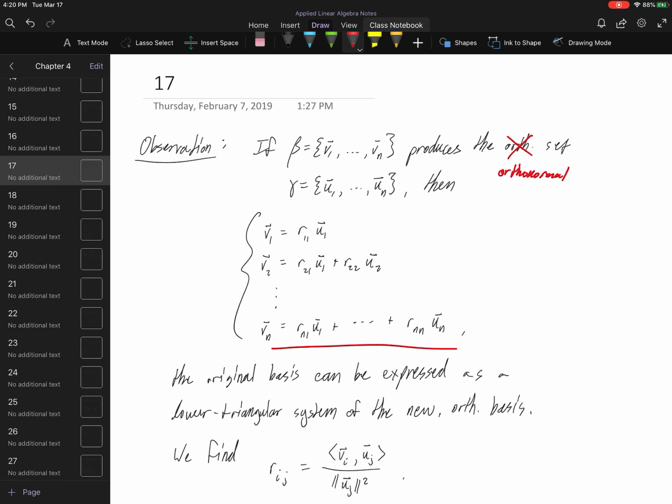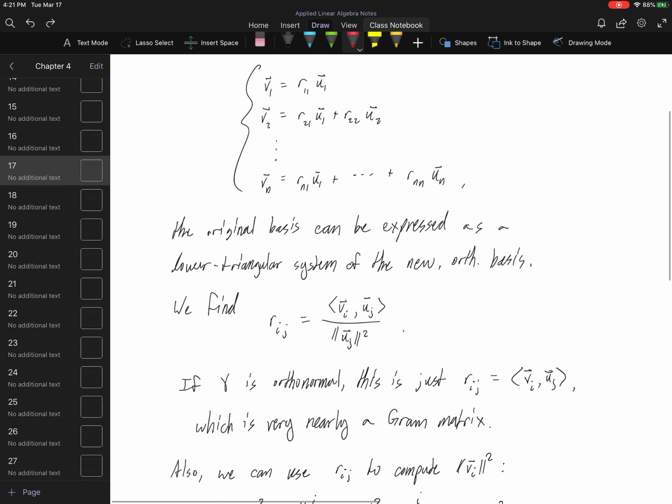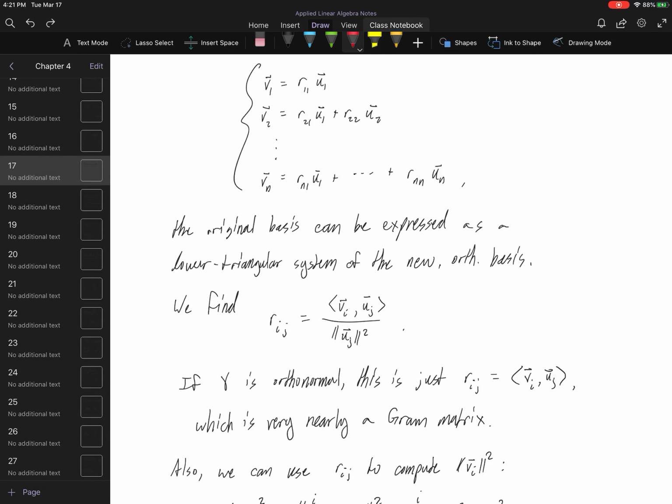And in the final row here, we're going to have to use all n of these vectors from gamma in order to reconstruct Vn. So the original basis can be expressed as a lower triangular system of the new set gamma. And in particular, we already know what the values of these Rij's are going to be, because that's our orthogonal decomposition, or our orthogonal coordinate theorem, right?